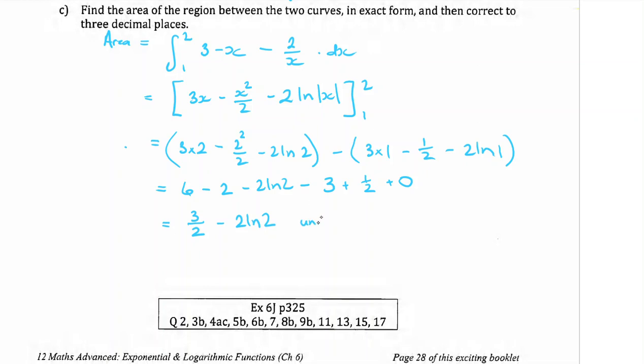So units squared. But then it says, and then also correct in 3 decimal places. So you type it in your calculator and you should get 0.114, correct? All right, we are done.